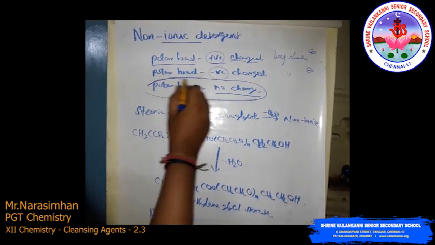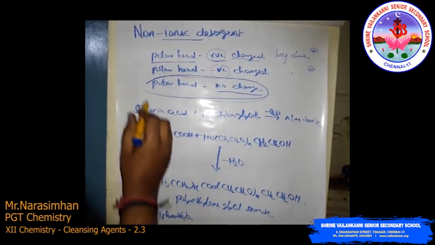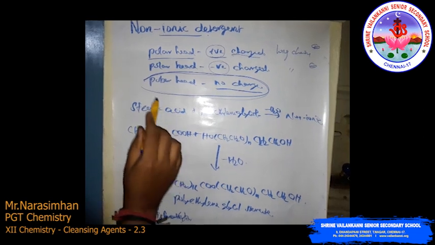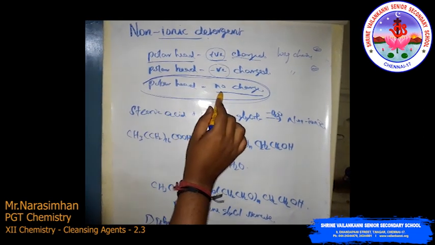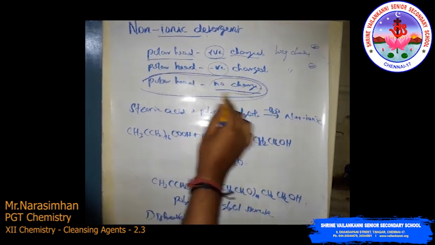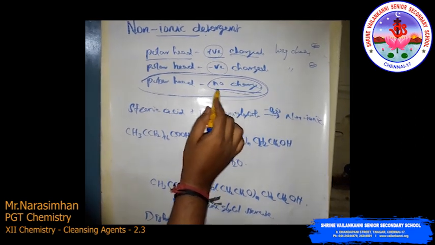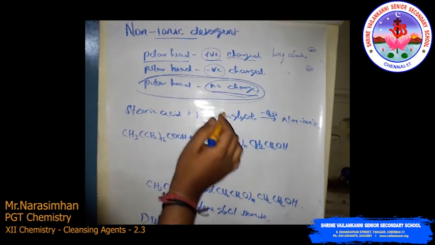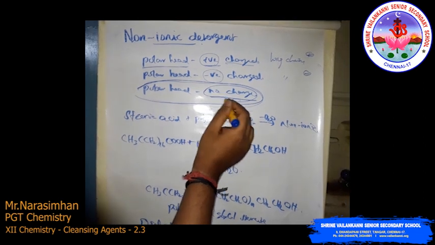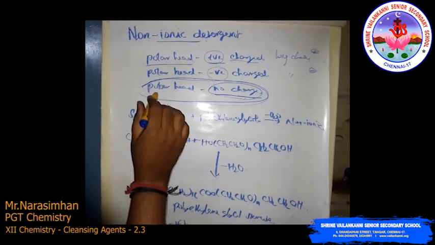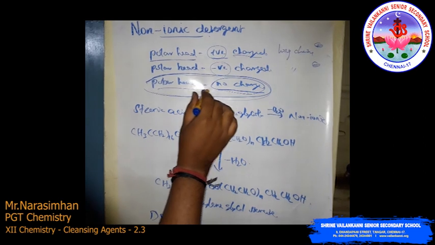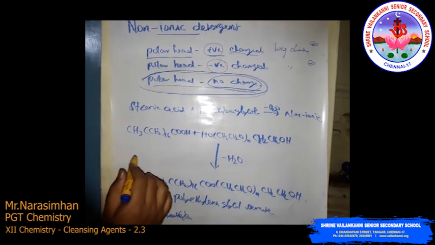Here, look at the polar head of the non-ionic compound. The polar head of the non-ionic compound has no charge, because there are no ions in its constituent particles, so they contain no charged particles. So these are called non-ionic detergents.